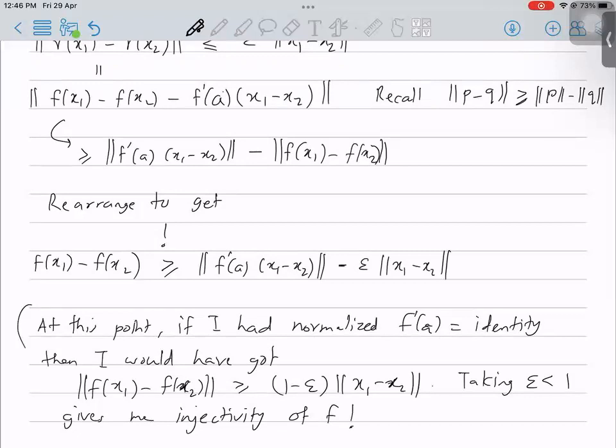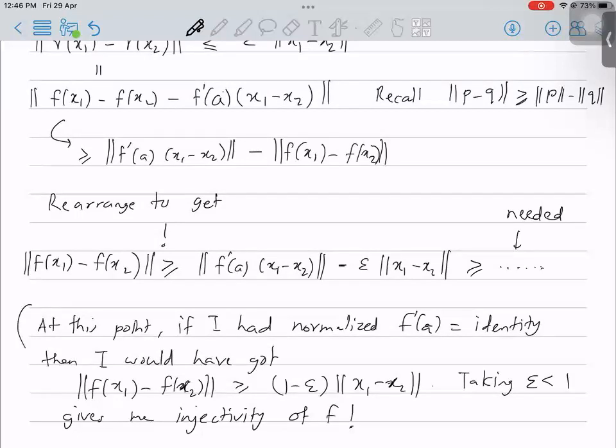Fine. So let me just, you see, what I need to do is I need to put something over here. So this is what we need. In order to make this work, I need to do this. You see, if I take the operator norm of f prime of a, the inequality goes the other way around, right?